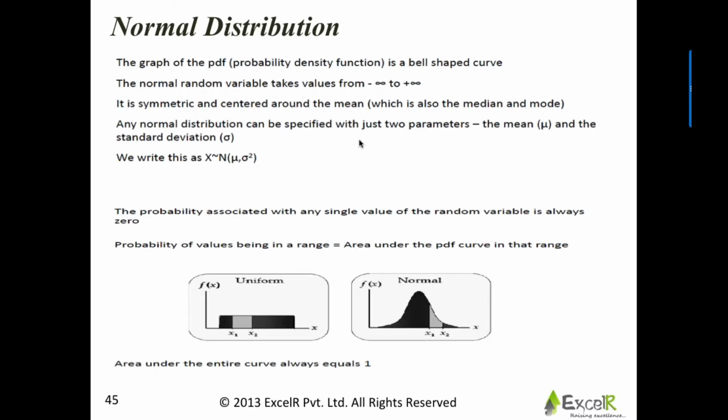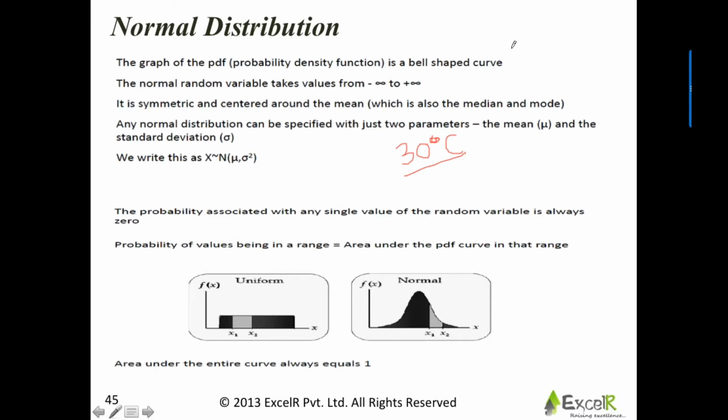So what do you think is the probability associated with a single value? For example, you're predicting the climate and you're saying that the temperature tomorrow would be 30 degrees Celsius. Someone from the weather department is predicting and saying that tomorrow the temperature would be 30 degrees Celsius.